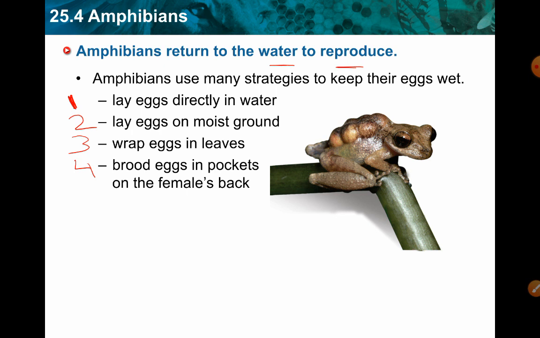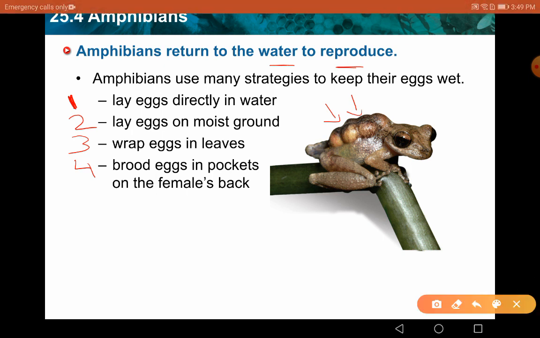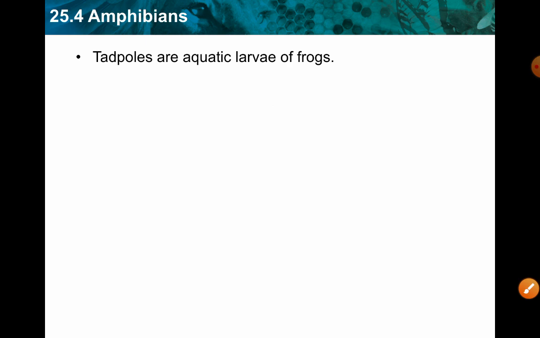Imagine these projections here are eggs in a sack or in a pocket on their backs. These are the strategies that amphibians use to reproduce. So this is the second main idea in our lesson. Let's move to the next part.